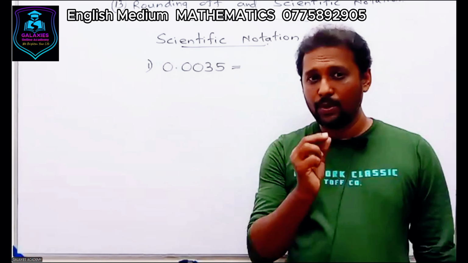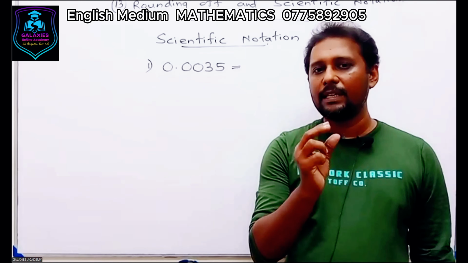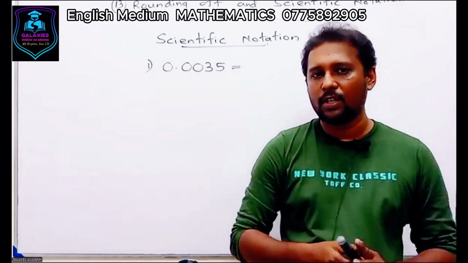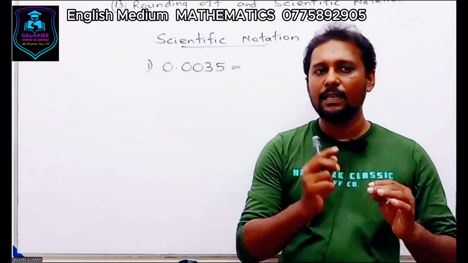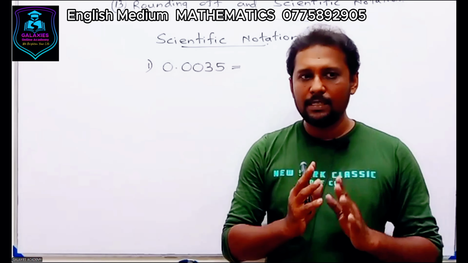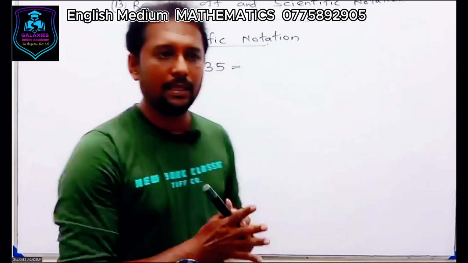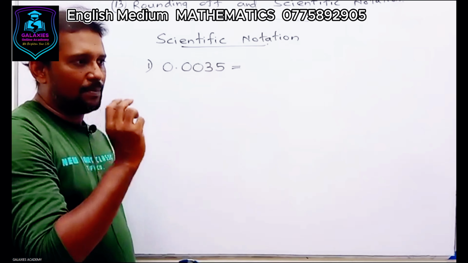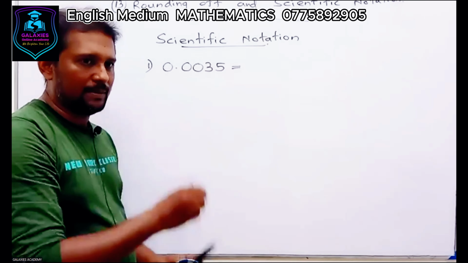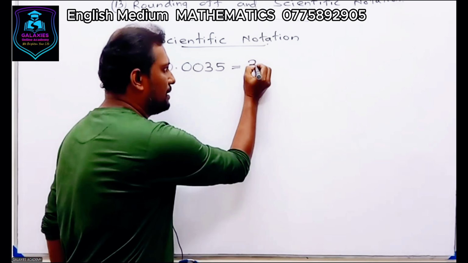Okay, what is the first digit other than 0? What can the first digit be? 1 2 3 4 5 6 7 8 9. Okay, the first digit other than 0. What's the first digit? 3. So you have to keep the decimal point after 3. So what is the decimal number?